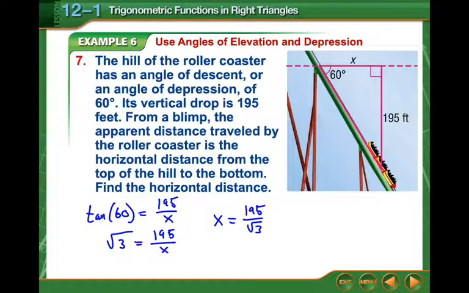That would be 195 square root 3 over 3, and simplify from there if you can. But we're going to plug it in the calculator and get our rounded decimal, 112.58 feet.